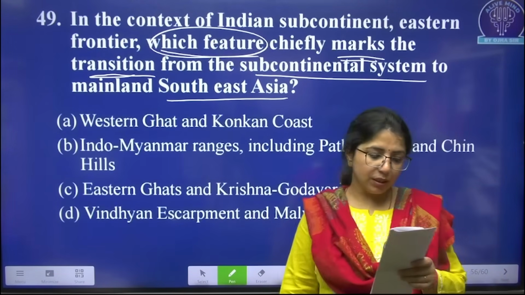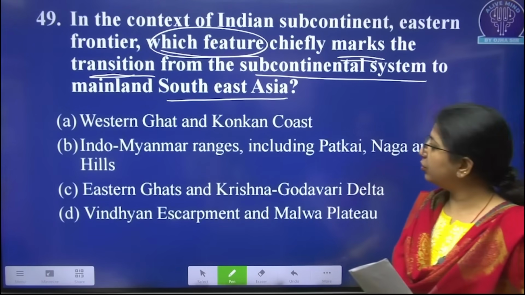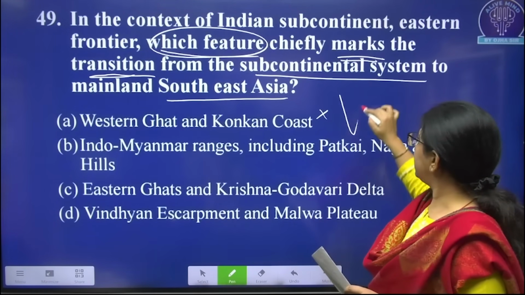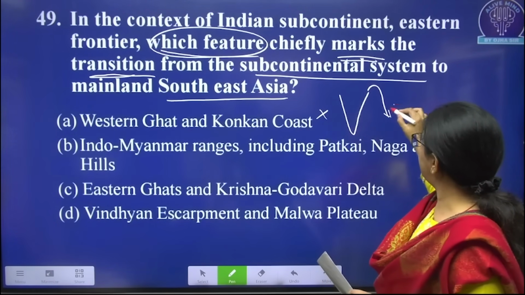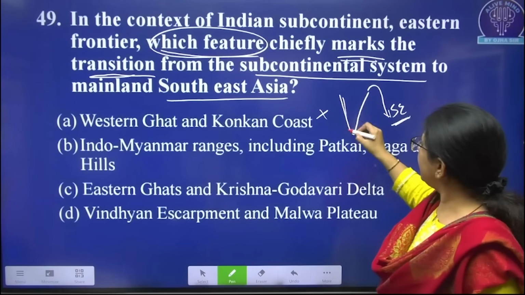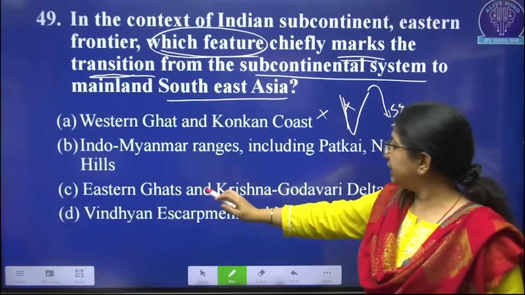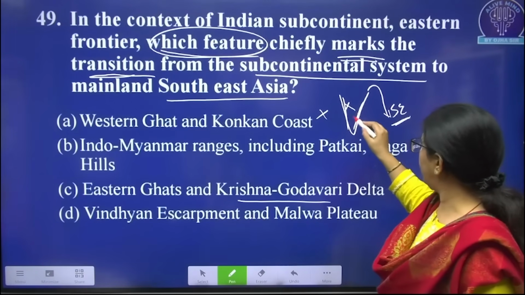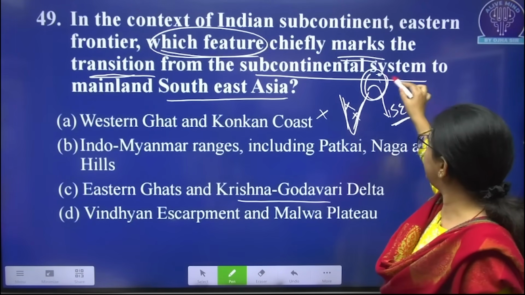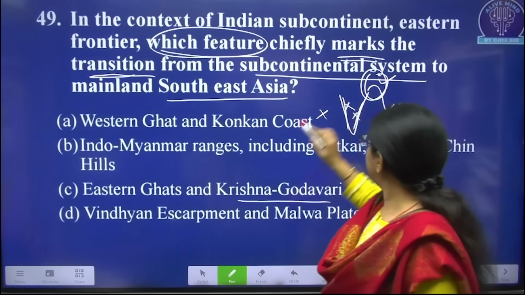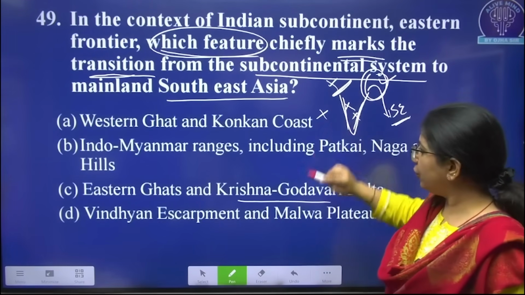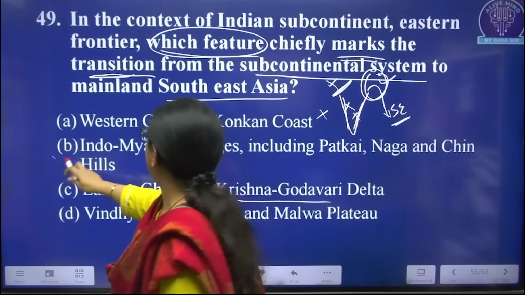The options are Western Ghat and Konkan coast. No. Western Ghat means you need to go here, this region, southeastern region. So Western Ghats, no. Then is Eastern Ghats and Krishna Godavari here? No. You need to go somewhere here in this region. Vindhyan ranges, they'll come around in this region. This is also a no. So the option is B.